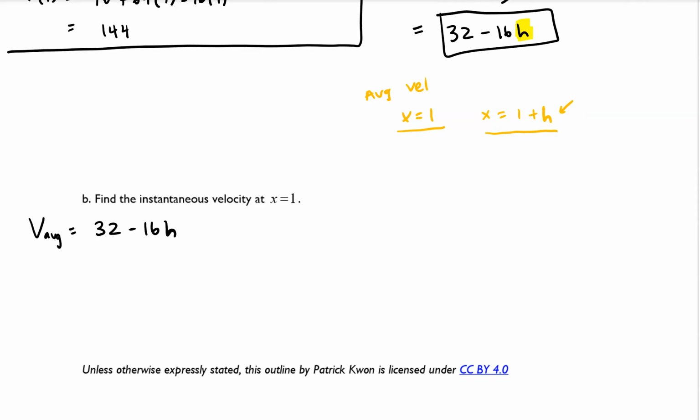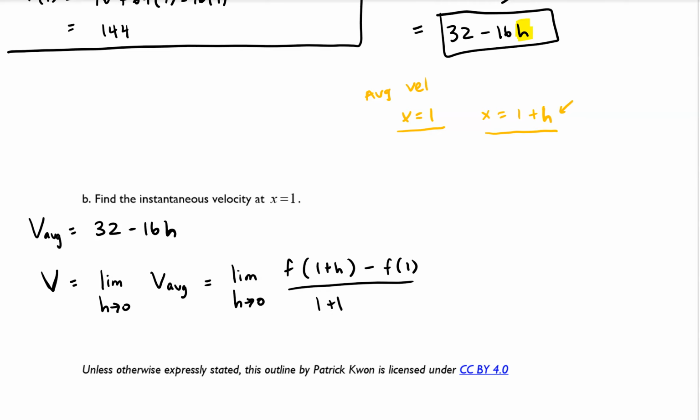And so the instantaneous velocity, which is written as just v, is equal to the limit as h goes to 0 of the average velocity, which is the same thing as the limit as h goes to 0 of f of 1 plus h minus f of 1 over 1 plus h minus 1 in this scenario. And so that just allows us to calculate the limit as h approaches 0 of 32 minus 16h.